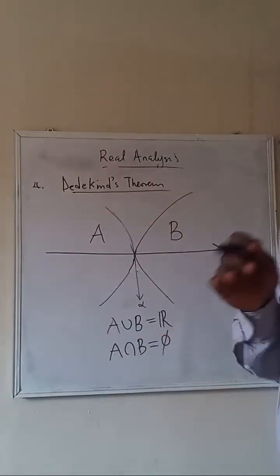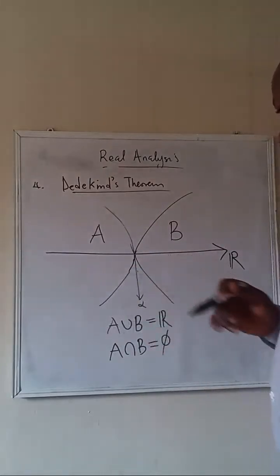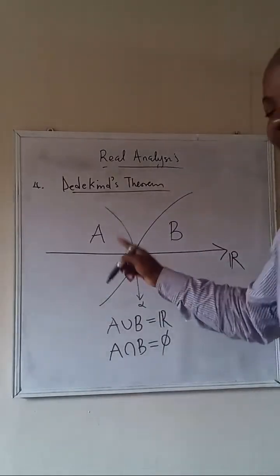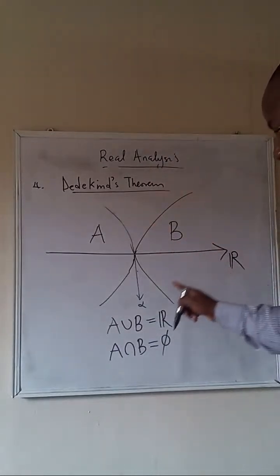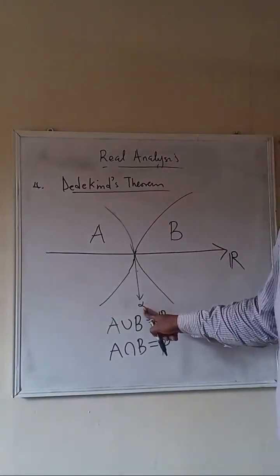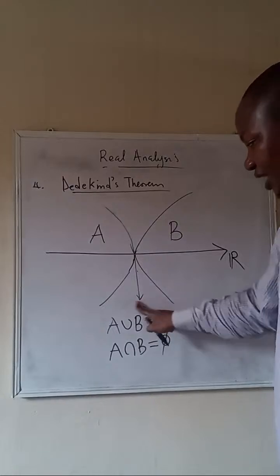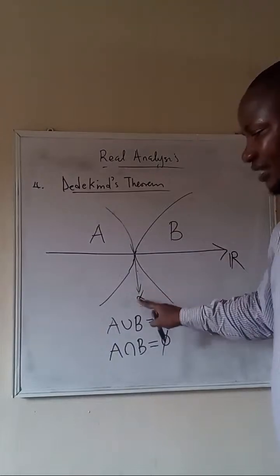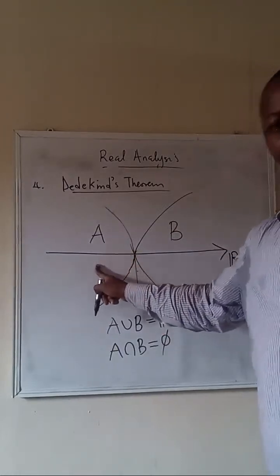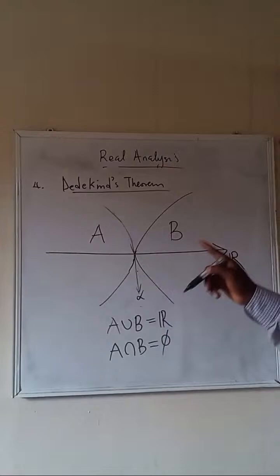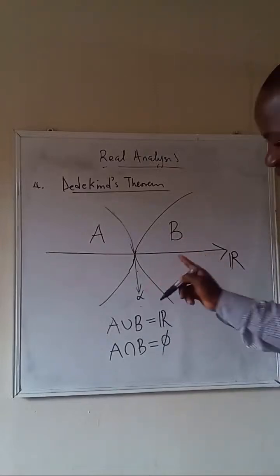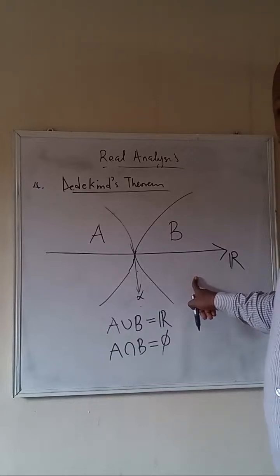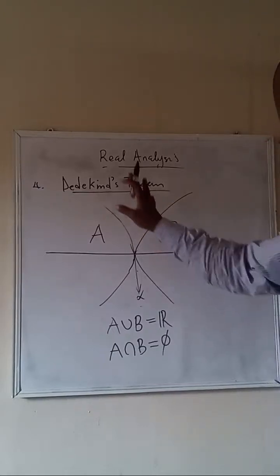If this happens, what the person is proposing is that any element that is less than alpha is in A, and any element that is greater than alpha is in B. That is what the property is talking about.